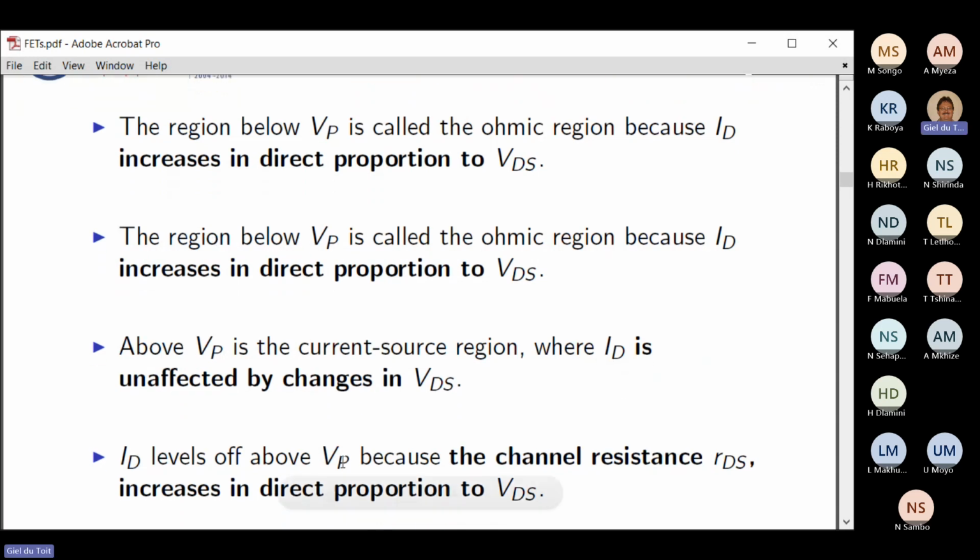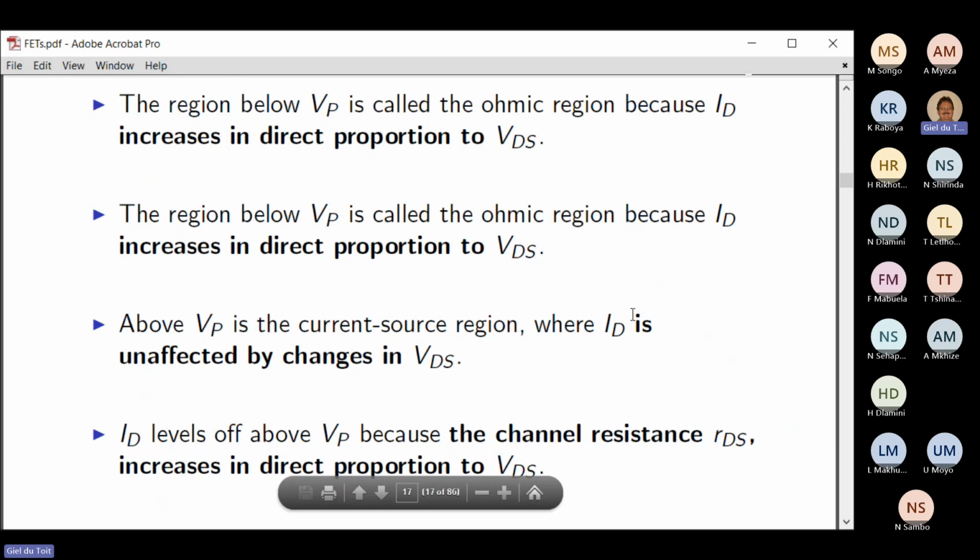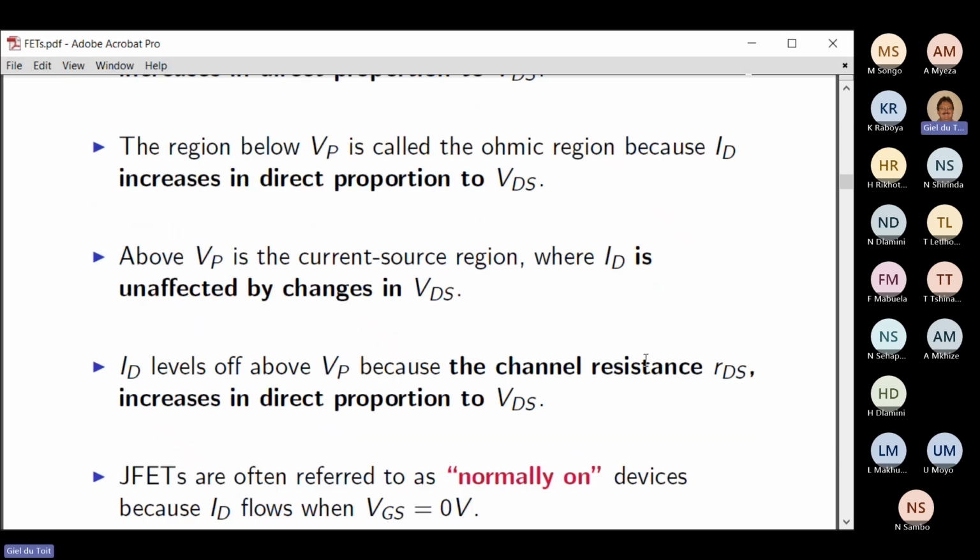All right. The drain current levels off above the pinch-off because the N-channel resistance, RDS, the resistance of the drain source channel. Remember we said the drain source channel has got a resistance. That resistance will increase in direct proportion to V drain source.